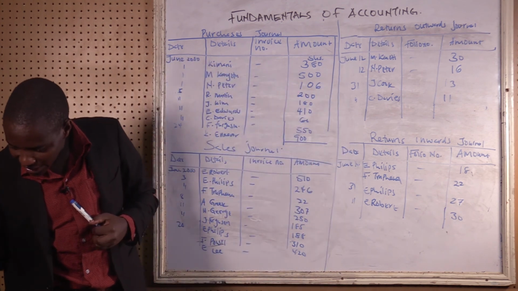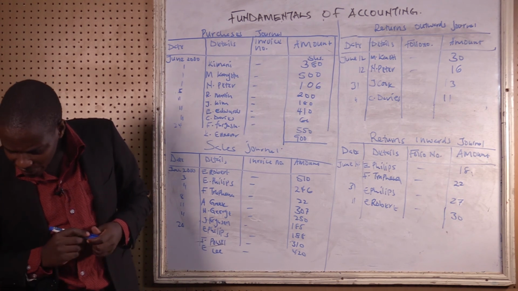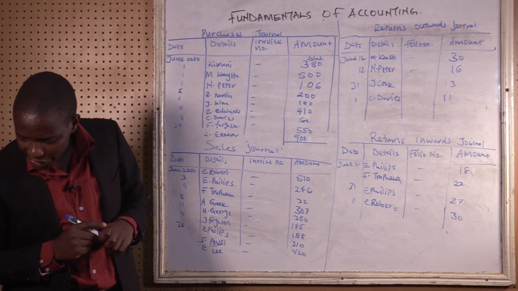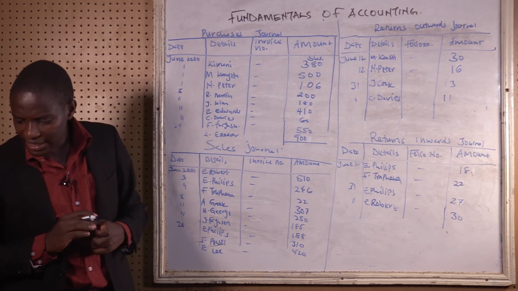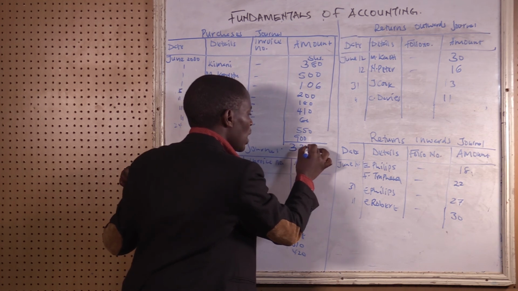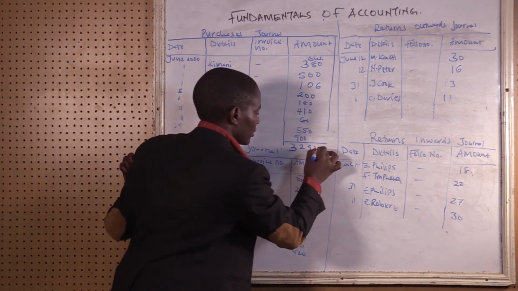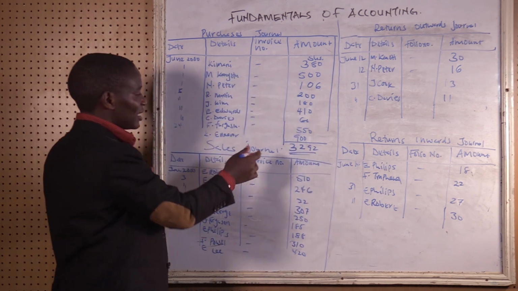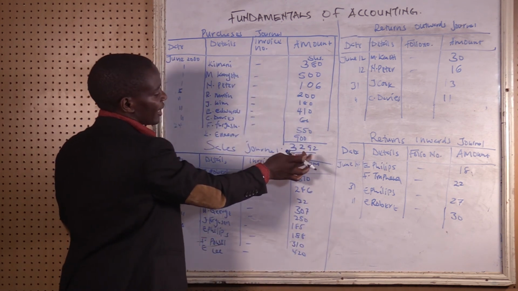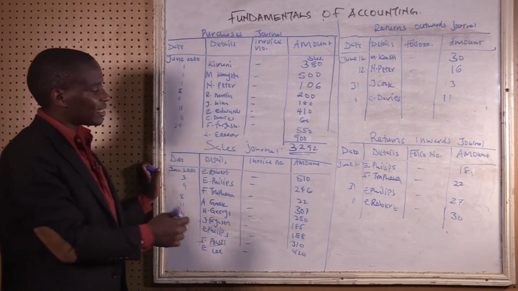Yes, take your calculator and add that one. From my calculator, I'm getting my total purchases journal as 3,292. So this is my total credit purchases.